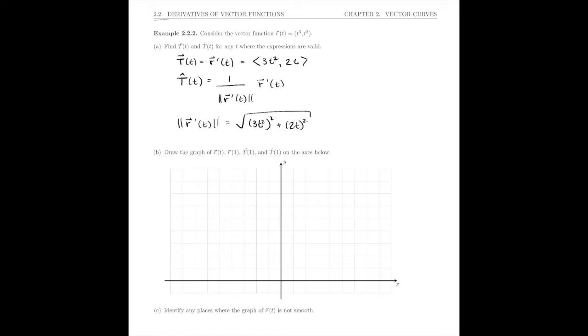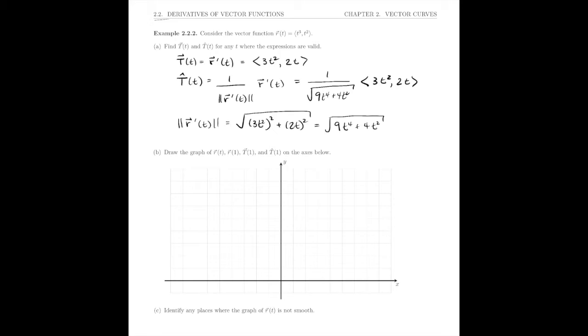And so we have here the root of 9t to the fourth plus 4t squared. That's the length of the derivative vector. So the unit tangent for any place that we can divide by this quantity is 1 over the square root of 9t to the fourth plus 4t squared times the derivative vector 3t squared, 2t.